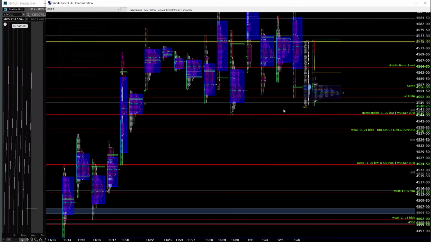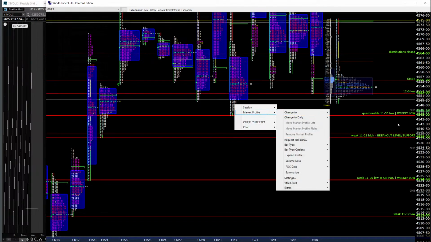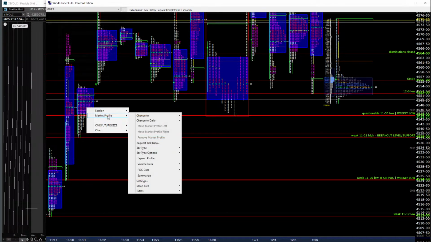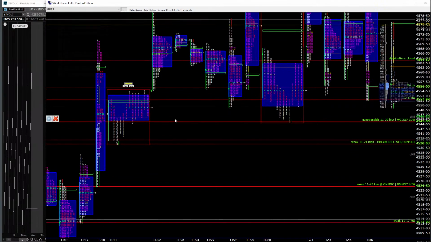In the market profile, I have this very questionable low, not just a couple of things. I call it questionable, not because of these 2 ticks of excess, because 2 ticks is technically good, but because of the area it came from, this area here. You have 4 lows here, a half-back on this day, and now this is adding.